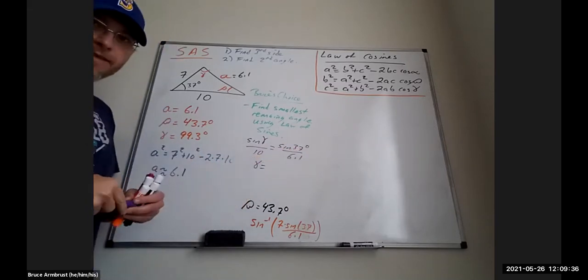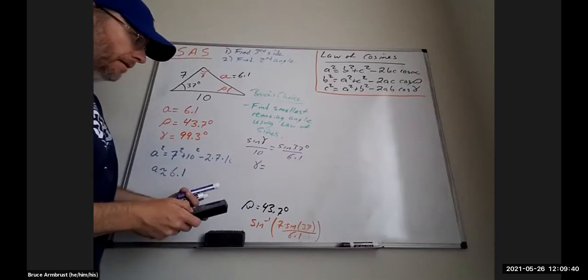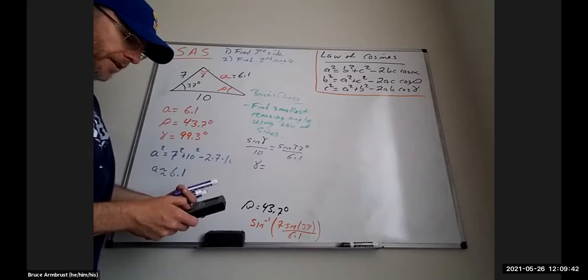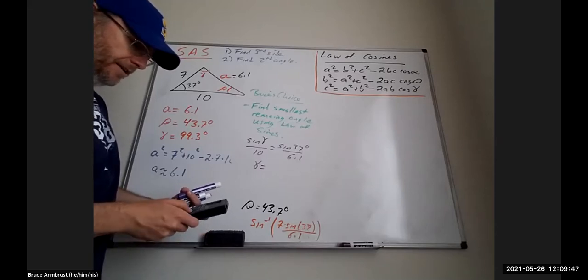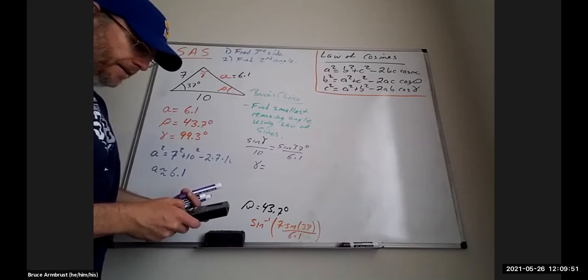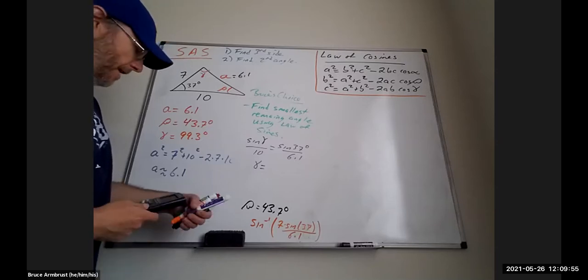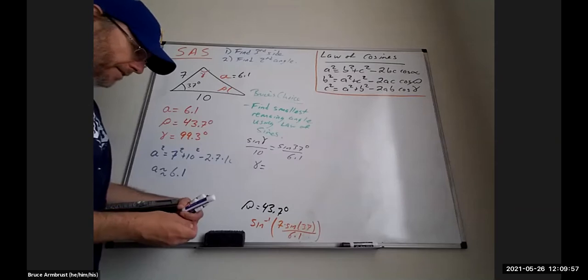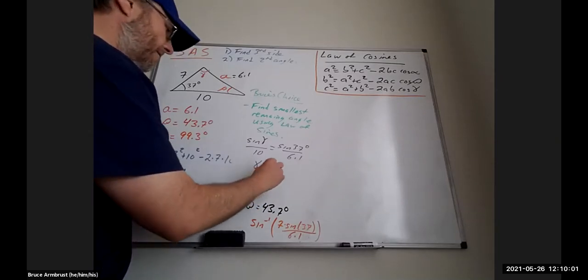And so you do the same thing with your inverse sine. Let me actually just do it real quickly here. We're going to get 10 sine of 37 divided by that 6.1. All right, I got an angle of 80.7 degrees.